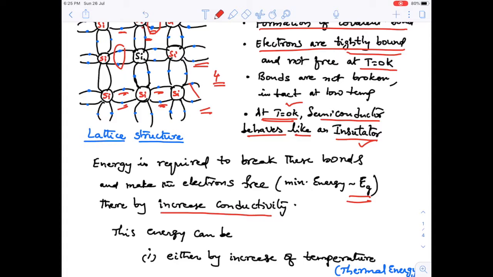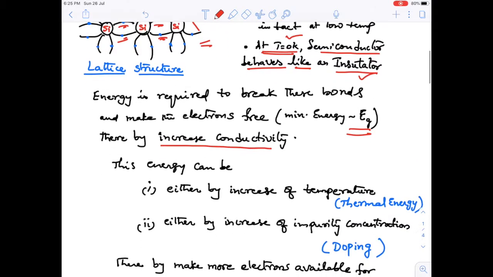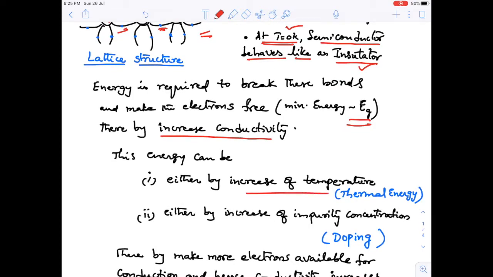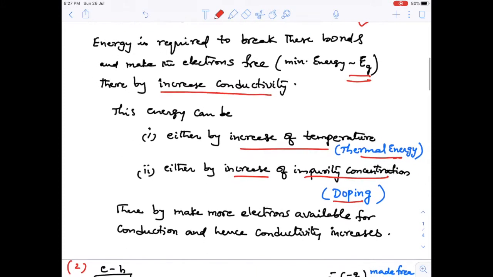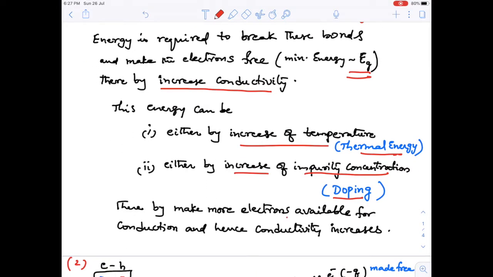Now how does this energy come? This energy comes either by increase of temperature, that is due to thermal energy, or by increase of impurity concentration, that is doping. I discussed this point in my previous video. Thereby you can make more electrons available for conduction, and hence conductivity increases.